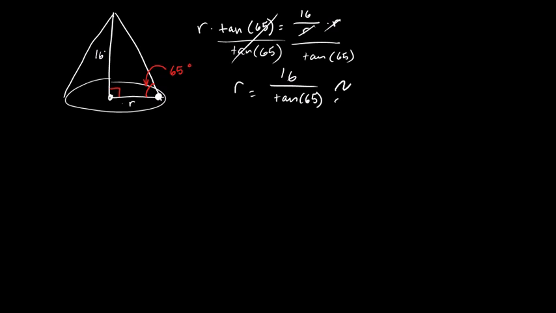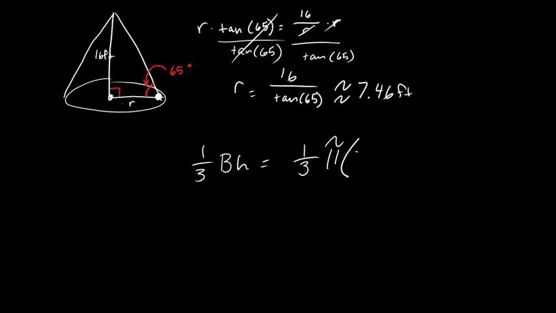Alright, so cleaning up this mess, r is equal to 16 over tangent of 65, which comes out to about 7.46. Alright, and these are in feet. This problem has it in feet. So that means I now have my radius, and I can use my formula. 1/3 base times height, or it's a cone. 1/3 pi r squared, well, I now know my radius, times the height, which is 16 feet.